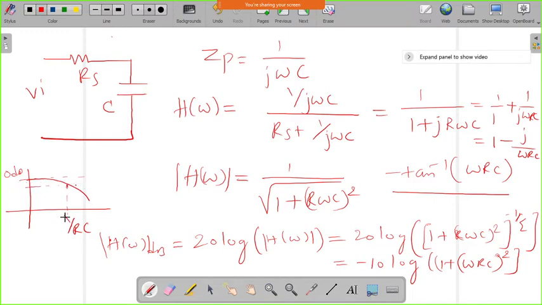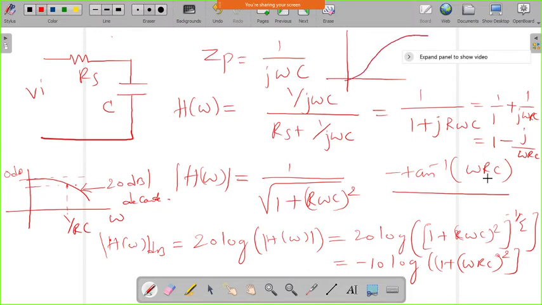Since we have only one element, it will have a slope of 20 dB per decade. This is what we get if we take Zp as the capacitor.